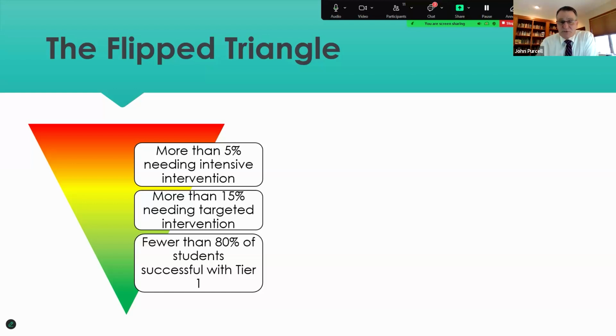are 80% of the students, we talked about that 80-20, performing as expected? A lot of times people stop there when they're looking at their core or tier 1 instruction. They stop with that, and that's okay.